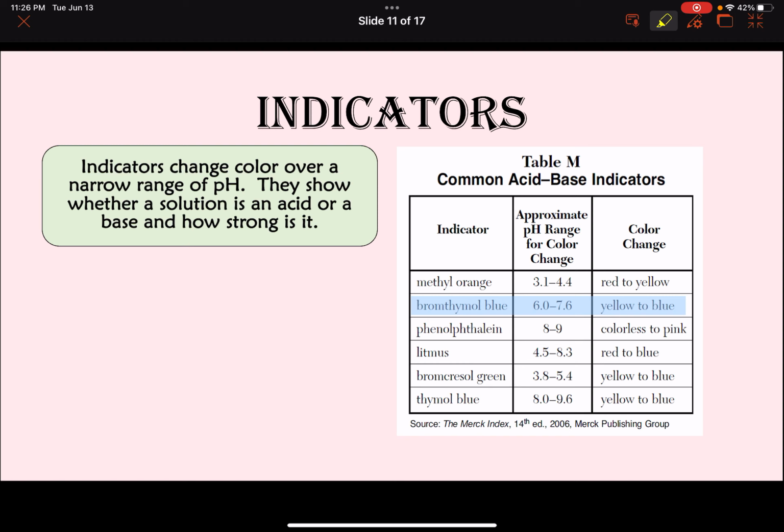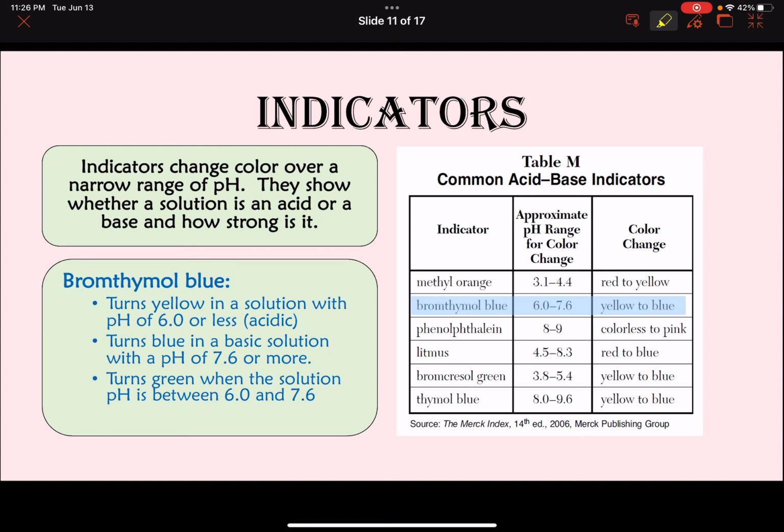So if we look at bromothymol blue, the pH range here is 6.0 to 7.6, and the color range is yellow to blue. What that tells us is that if we add bromothymol blue to a solution and the solution turns yellow, that means the pH of that solution is 6 or less than 6. That means it's an acidic solution.